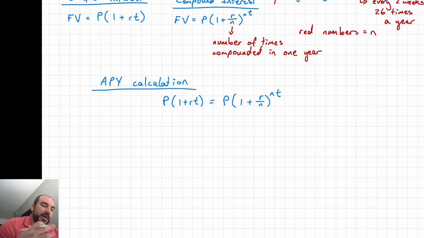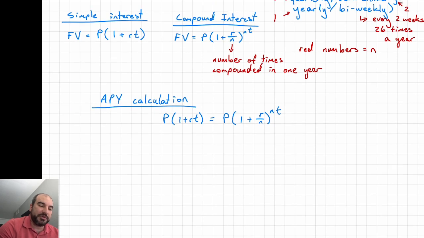If we're trying to convert a compound interest to a simple interest rate, if we're trying to find what the rate would be in a simple interest situation, we can just simplify some of these things. For example, the principal money that we start with would be the same on both sides. So we are going to just divide both sides by P to get rid of that.